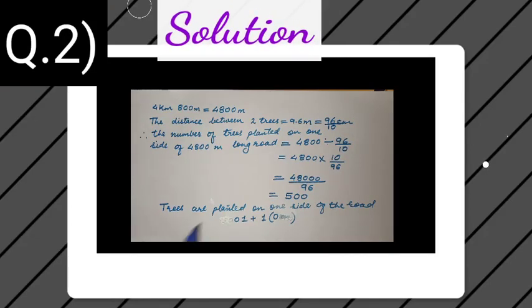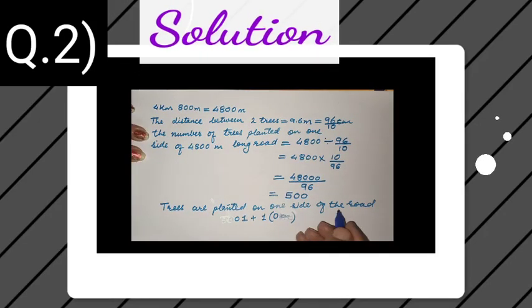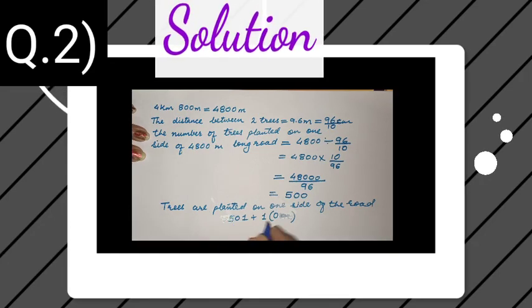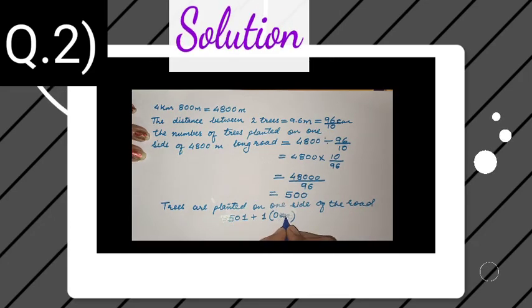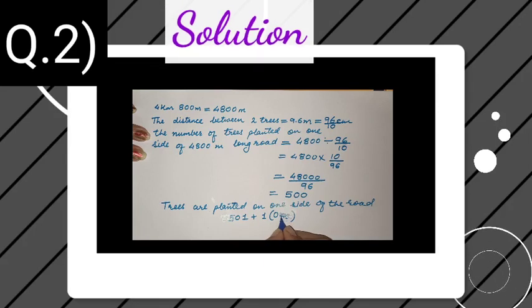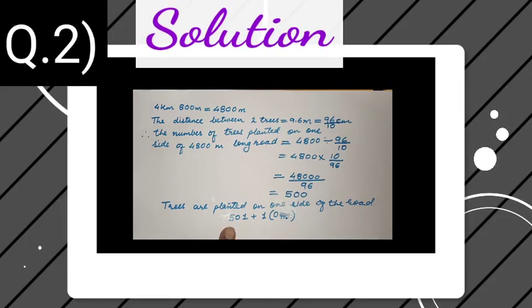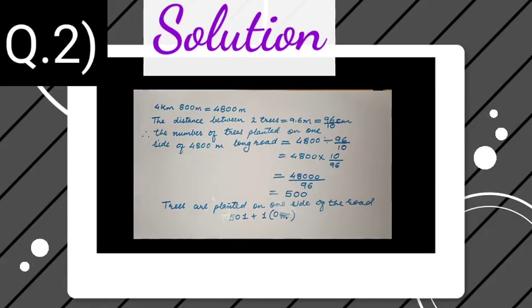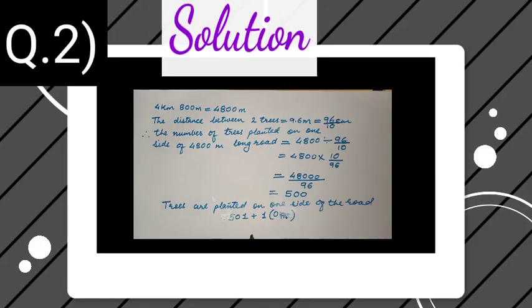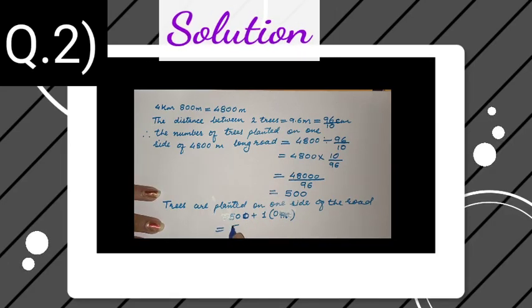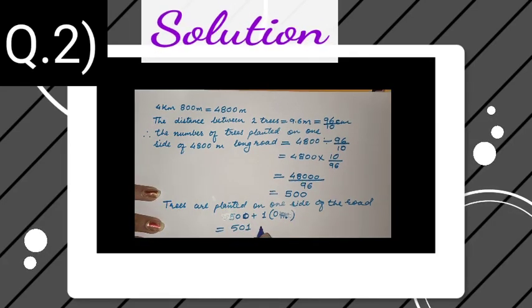See children, trees planted on one side of the road is equal to 500 plus 1. 1 will be from the 0 meter tree, as I explained to you. So the total number of trees planted on one side we have found out, that is 500 plus 1, that is 501 trees.